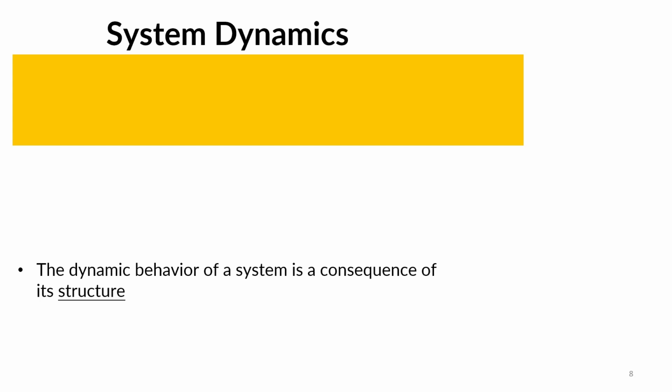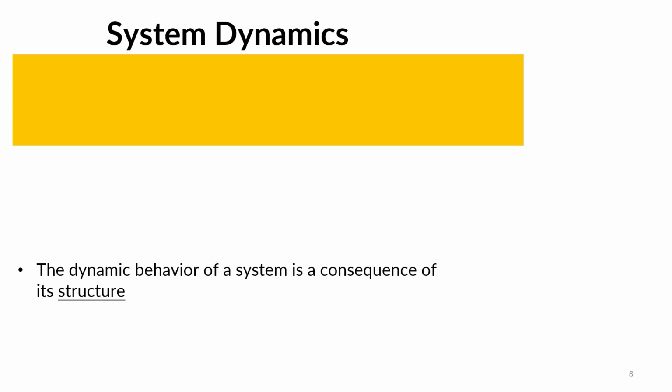We can run different scenarios, and we can look at the system structure and wonder, and experiment and test the structures and try to design or redesign them so that we can improve their performance.